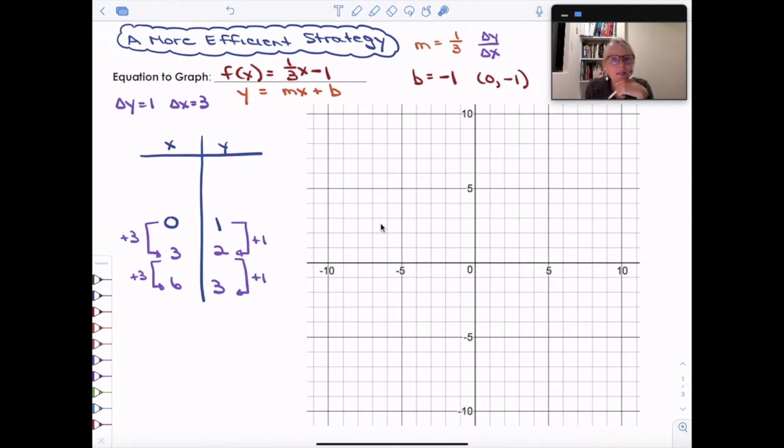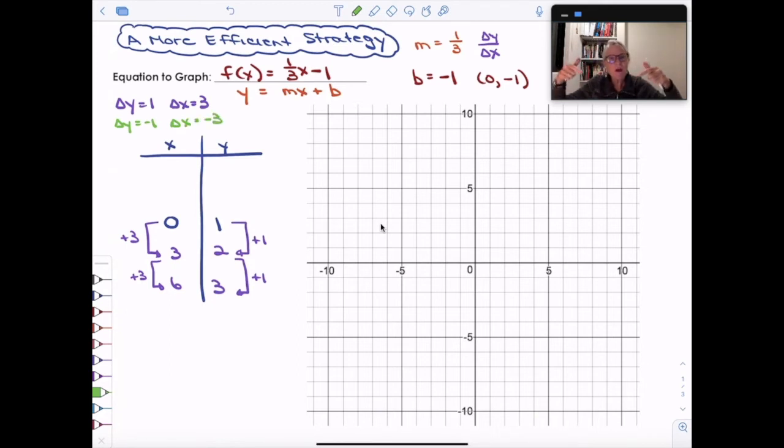Now the interesting thing is, to get a positive slope, my change in y and change in x have to both be positive, or my change in y and change in x can both be negative. So another way to think about this is my change in y is -1, and my change in x is -3.